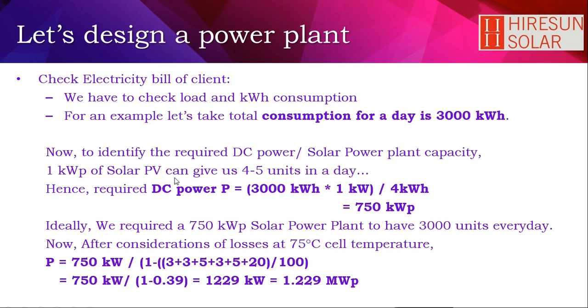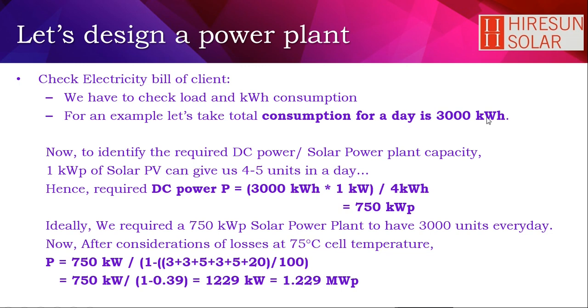of solar PV can give us 4 to 5 units in a day. In this case, we have also assumed 4.5 hours of daily sunshine. So if we convert this into DC power, that is the energy for 1 kilowatt, and I am considering 4 kilowatt hour over here, that is 4 units per day.